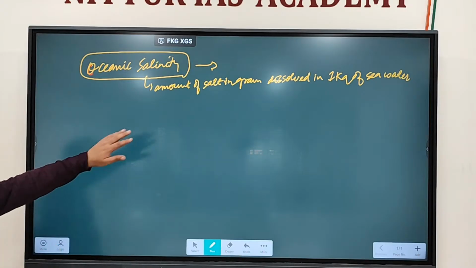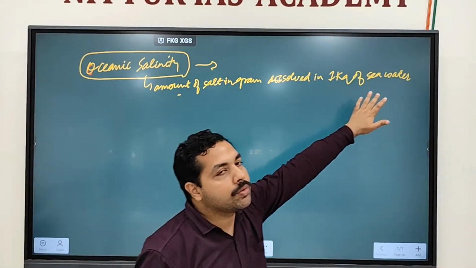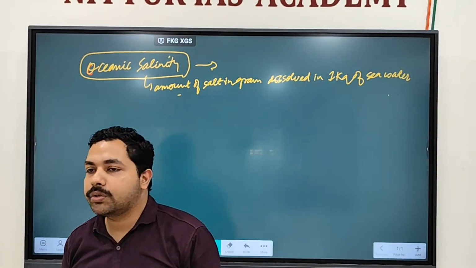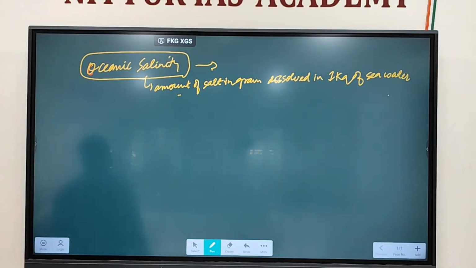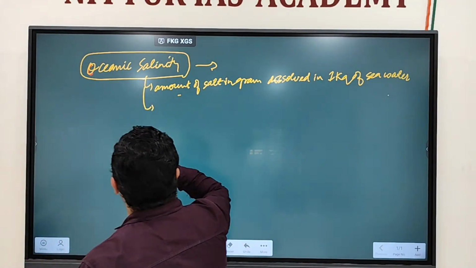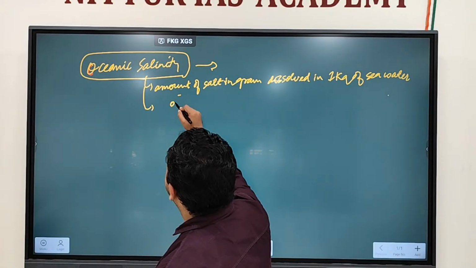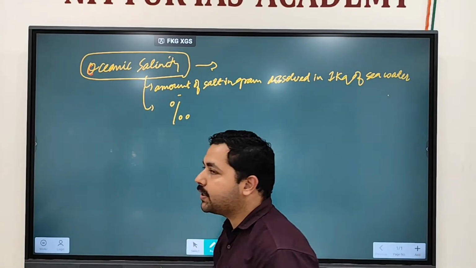So when we are taking oceanic water over here, it is going to be called which type of salinity? Oceanic salinity. Clear? So the amount of salt in grams dissolved in 1 kg of seawater is going to be called oceanic salinity. Fine. Now it is expressed by these symbols.